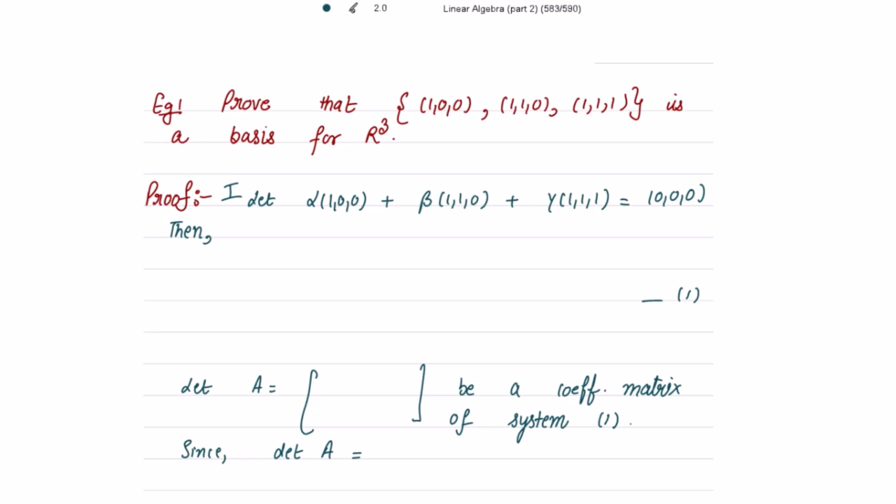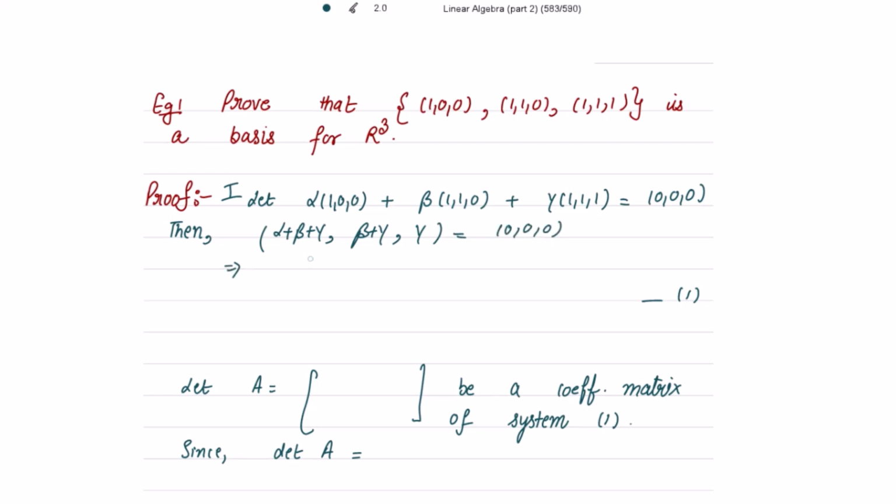So I just directly add all this. From here I get alpha, from here I get beta, from here I'm getting gamma. So this is alpha plus beta plus gamma, and then the second coordinate, this is 0, this is beta, and this is gamma. So 0 plus beta plus gamma is beta plus gamma, and then it is 0 plus 0 plus gamma, I get gamma. So this is equal to (0,0,0).